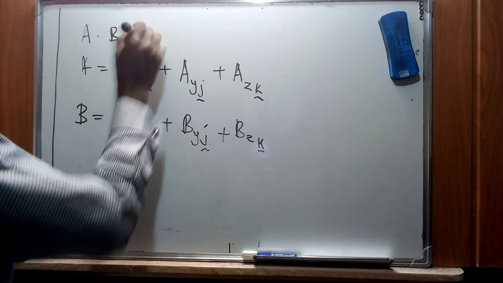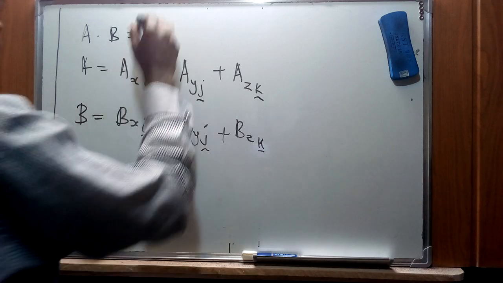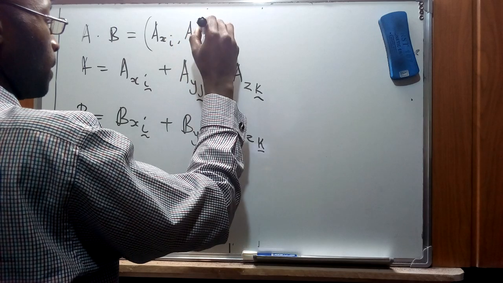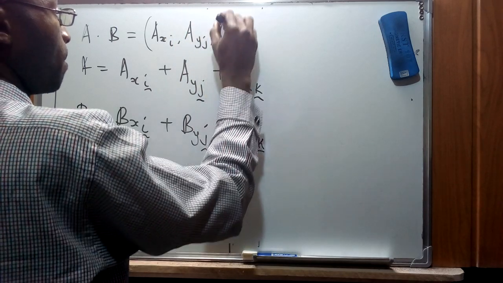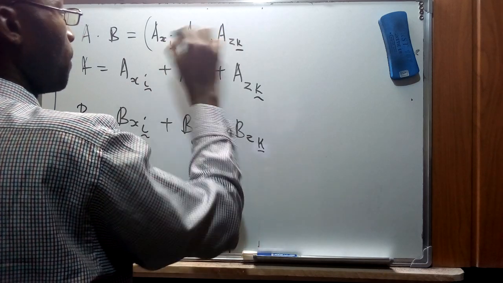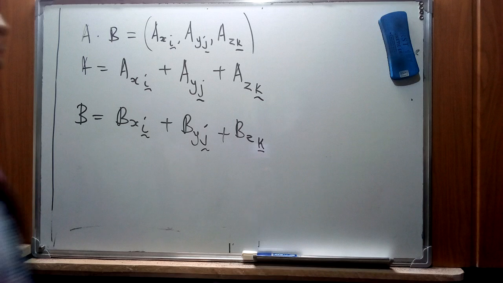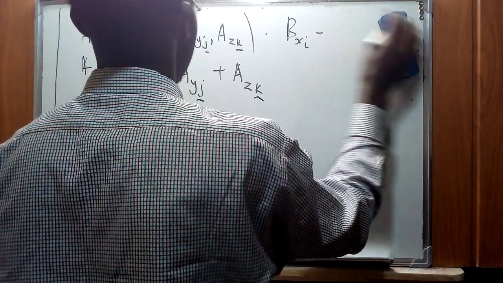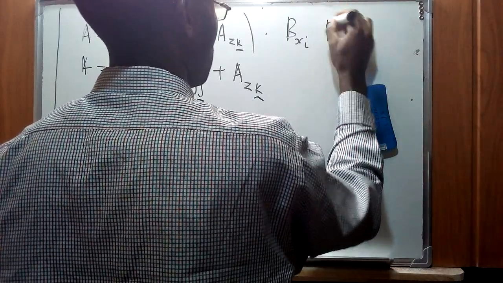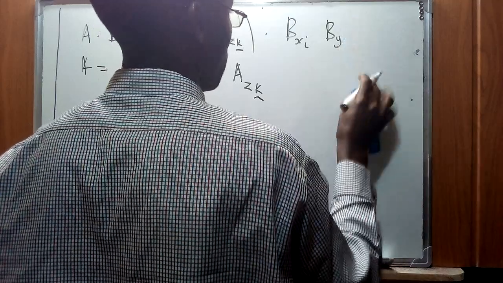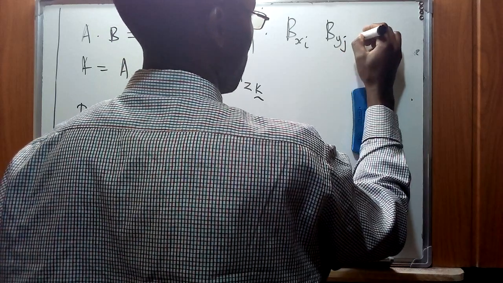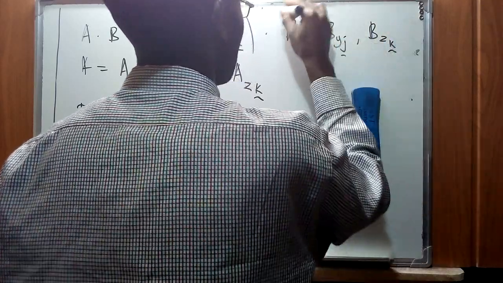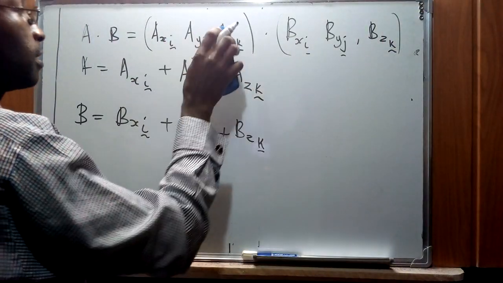Now the dot product of A and B therefore is going to be represented by having the components of A dotted with the components of B. So we are having a dot product of those specific components.